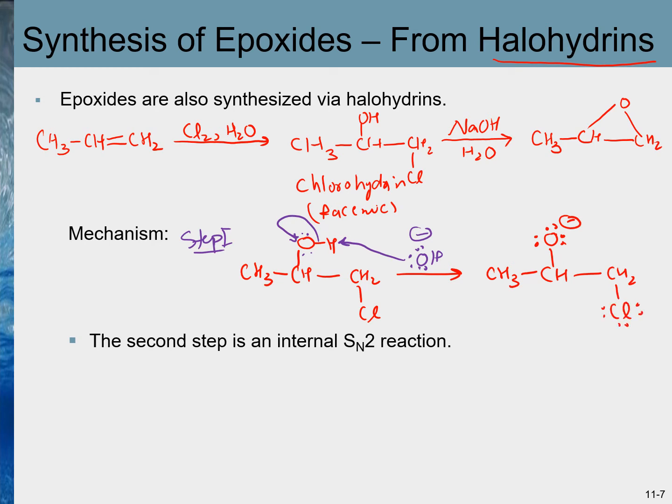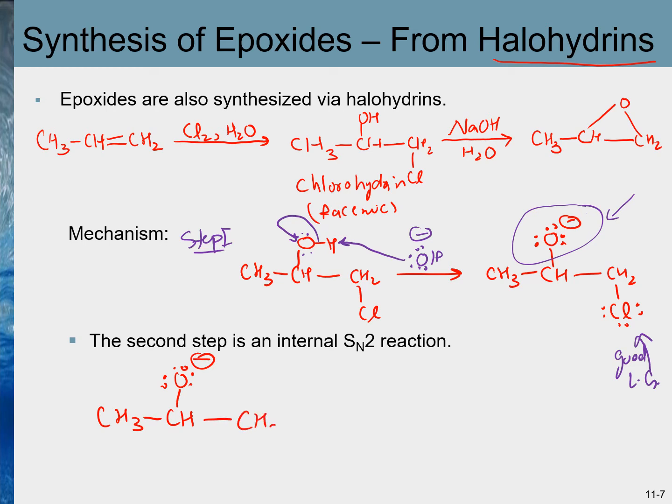As we know that alkoxide ion is a strong nucleophile, and chloro group is a good leaving group. Therefore, second step is an internal SN2 reaction in which the alkoxide ion within the halohydrin act as a nucleophile and the halogen act as a leaving group.